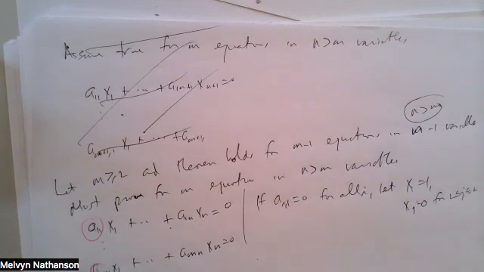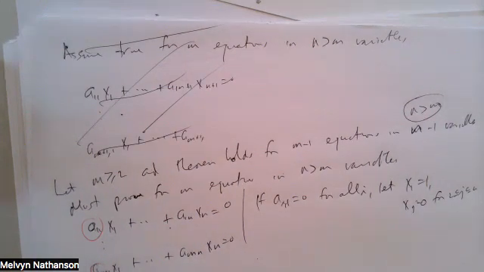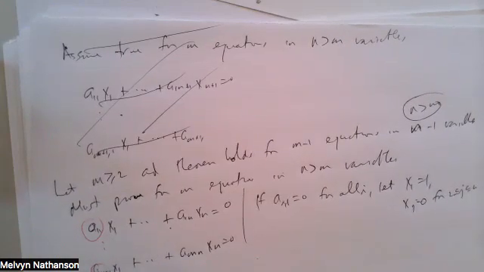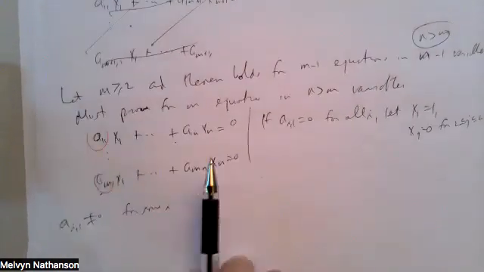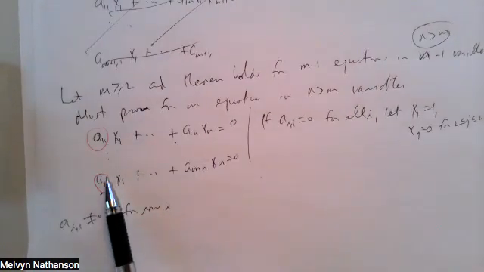If I let x1 equal 1 and all the other variables equal 0, I get a non-trivial solution. So that's sort of like the trivial case. Otherwise, ai1 is different from 0 for some i. That is, one of these coefficients of x1 is non-zero.